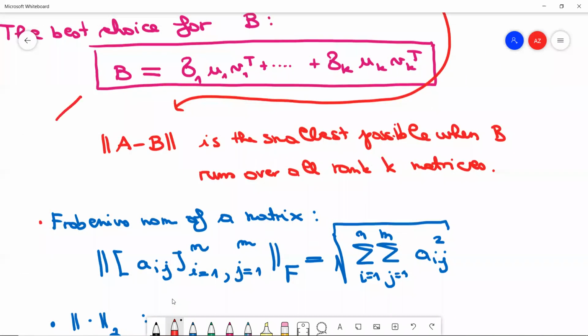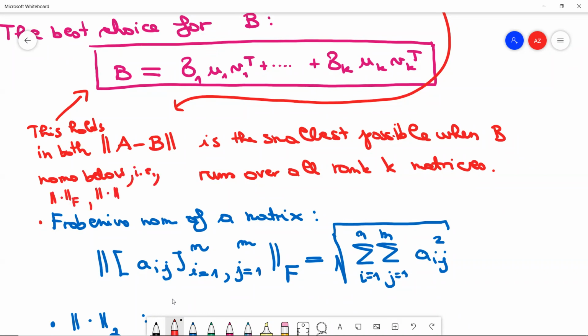So this holds in both norms: the Frobenius norm of a matrix and the spectral norm of a matrix.